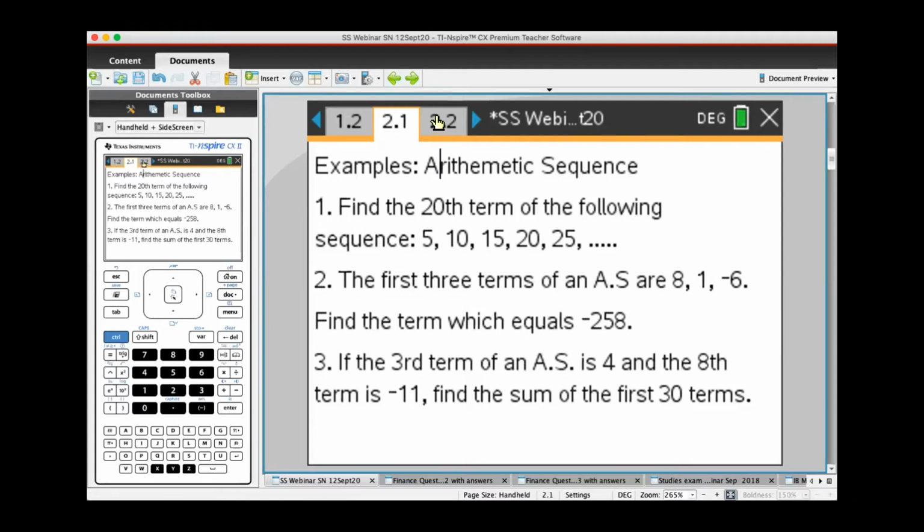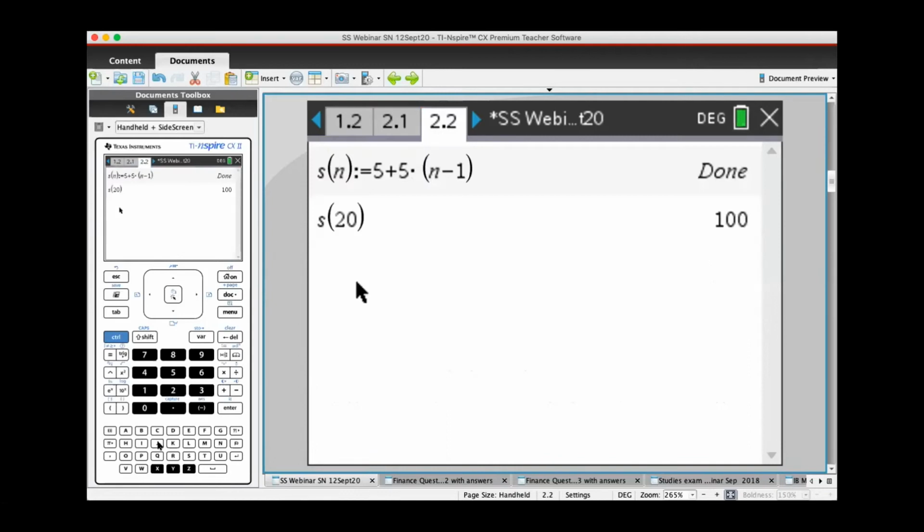So what I could do is I could say, okay, I'm going to define this. So I'm going to call it T because I have already used up S. You can use any of the variables here and define it as T of n again, right? I can define it.